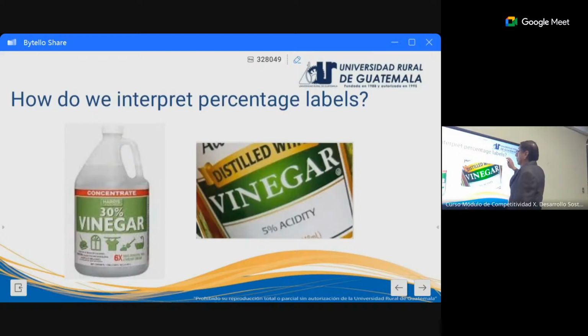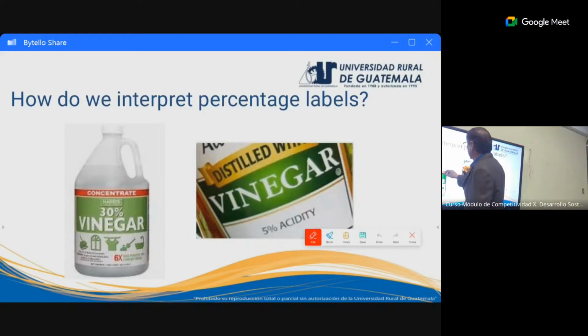Okay, we can analyze these tables here about some mixtures of vinegar, like this one here, that is 30% vinegar, and the rest, 70%, will be water.